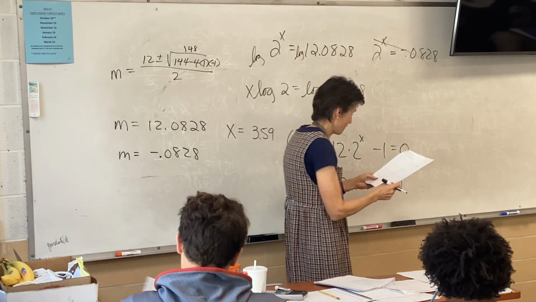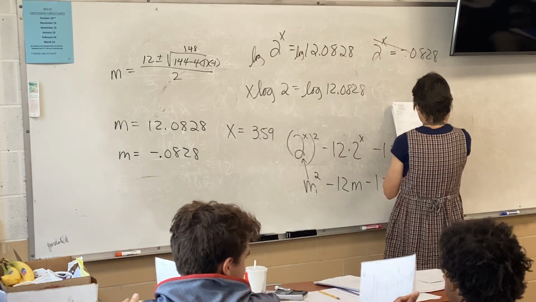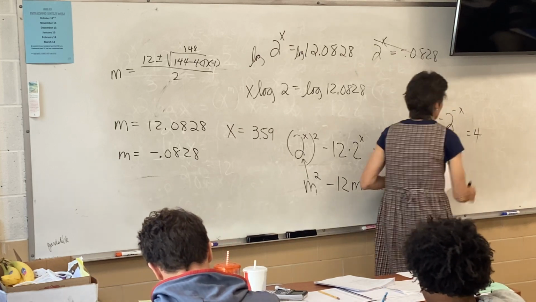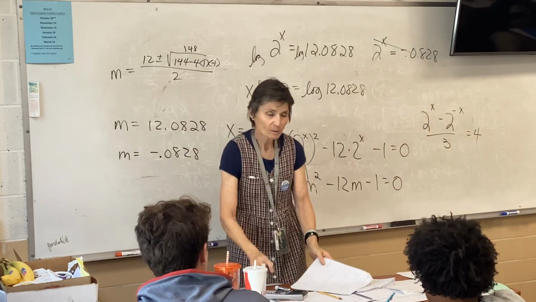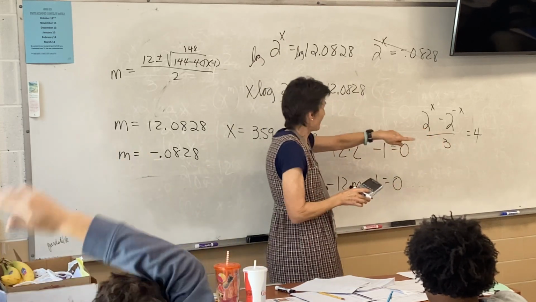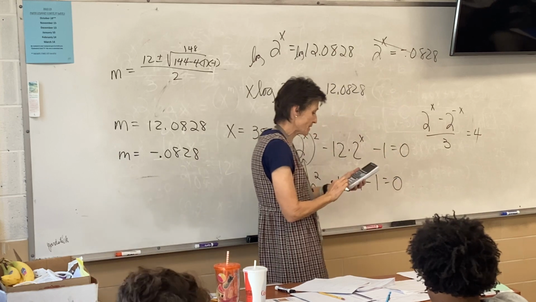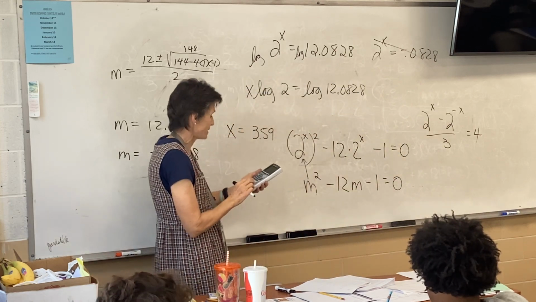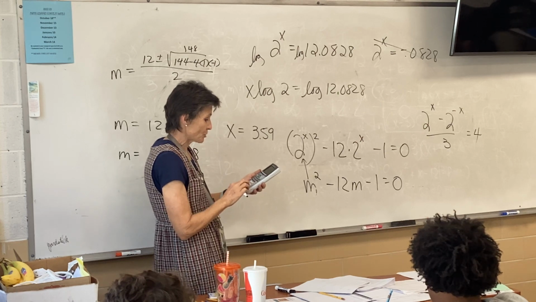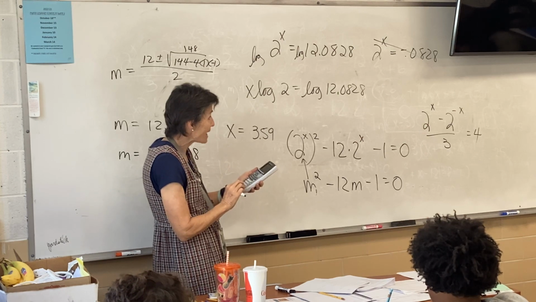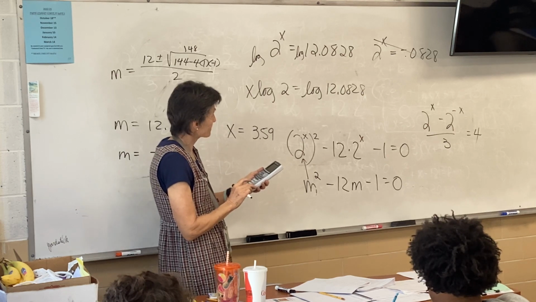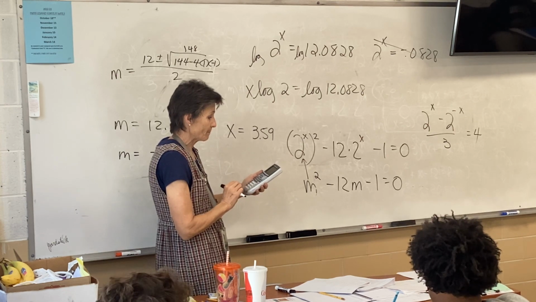So just for fun, let's see, we have some round off error, but I want to show you this works. So you take your 3.59 number, raise 2 to that power, so 2 raised to the 3.59 minus 2 raised to the negative 3.59 equals, divided by 3.